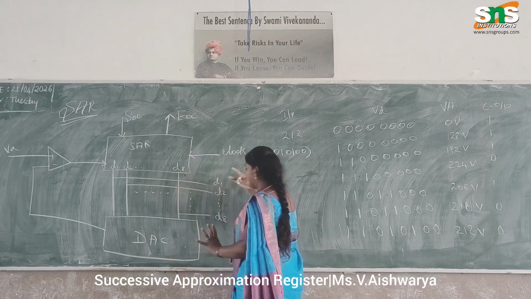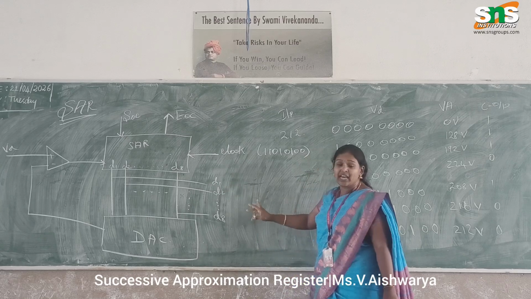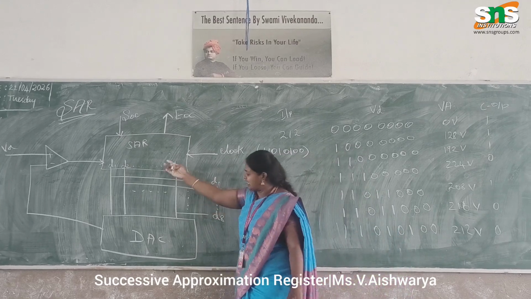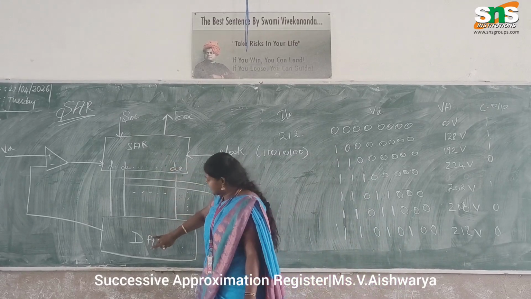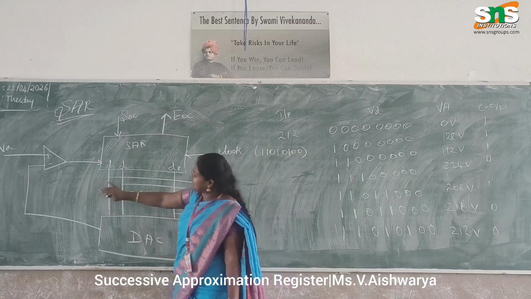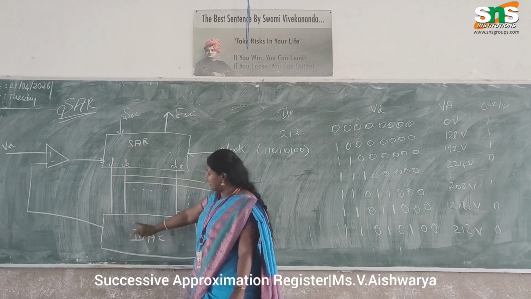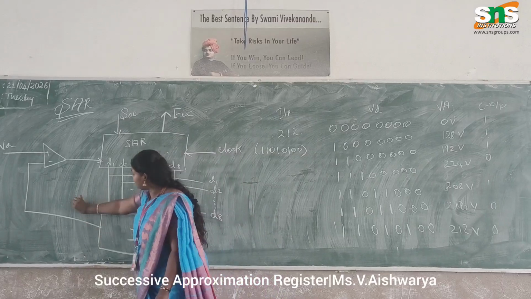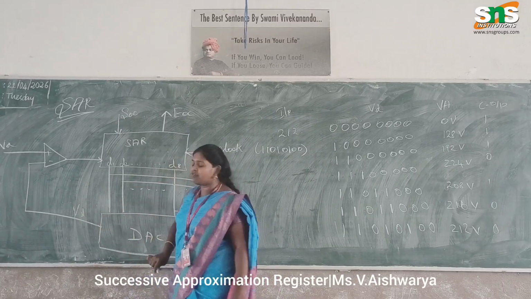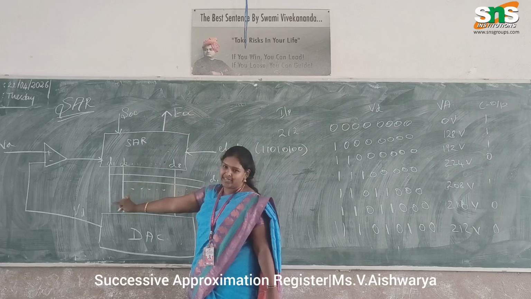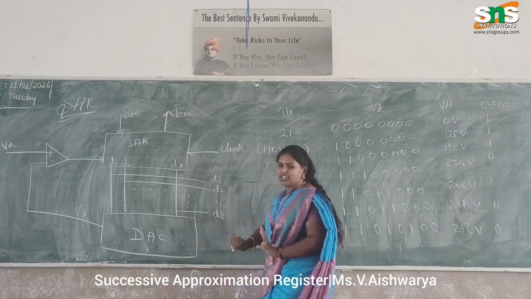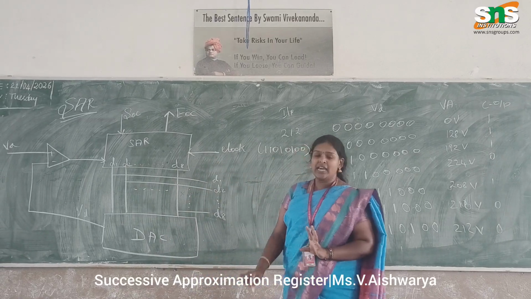We send this digital signal to the DAC because the comparator needs two inputs: one is VA and another one is the converted output, that is VD. This VD signal is given to the comparator. This is the construction and the process of SAR.